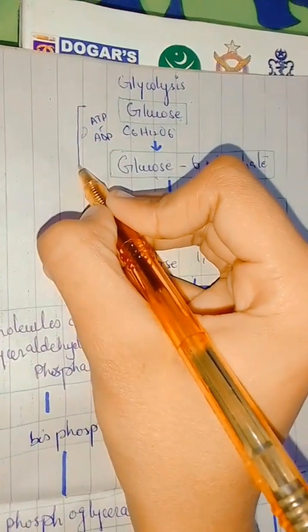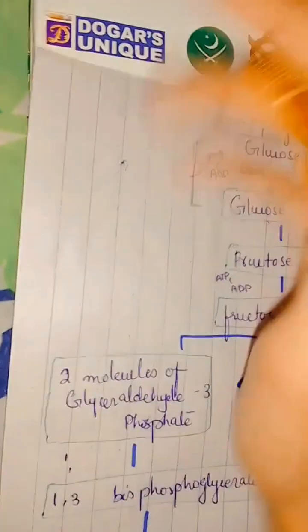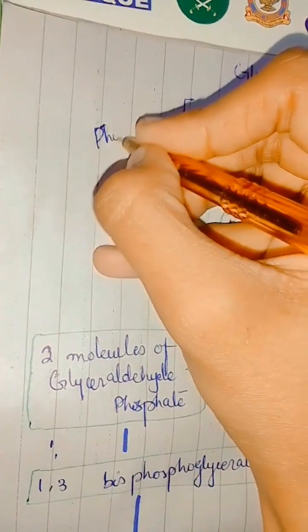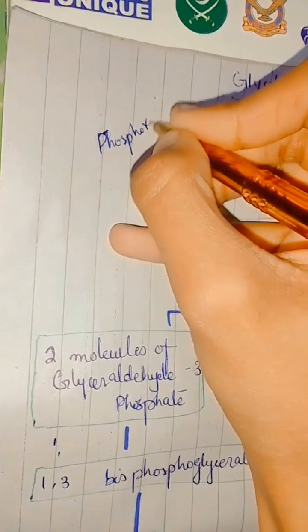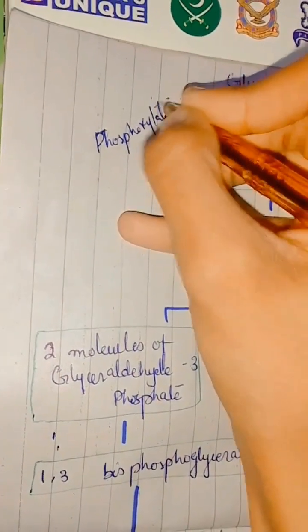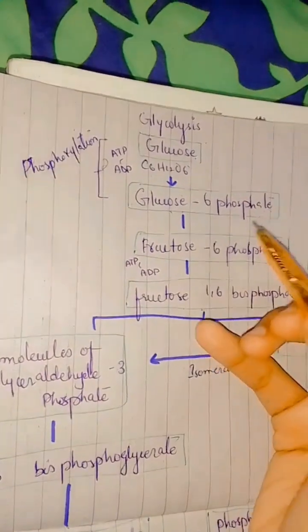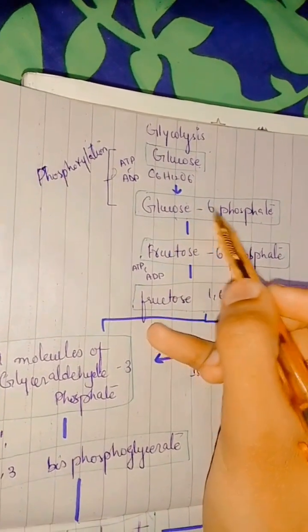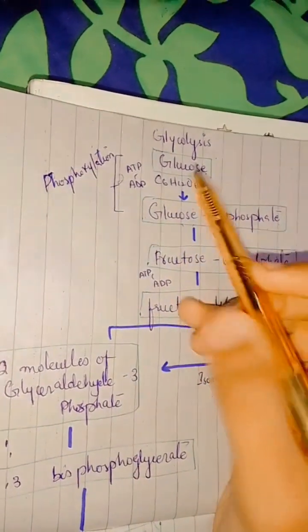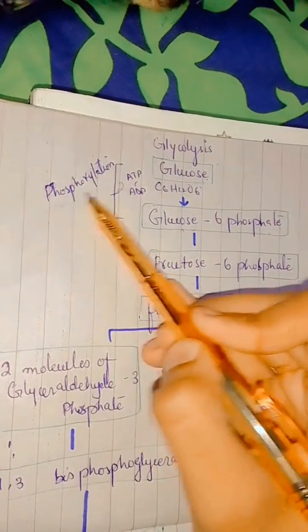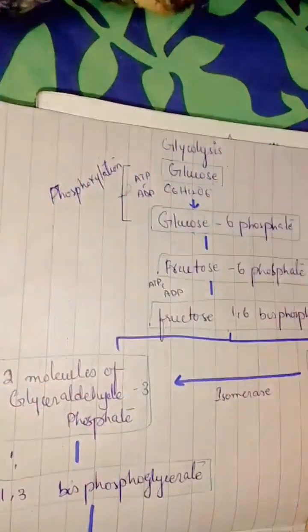Till here, that process is known as phosphorylation process. Like, the phosphoric acid is attached on the sixth carbon, so that step is known as phosphorylation.